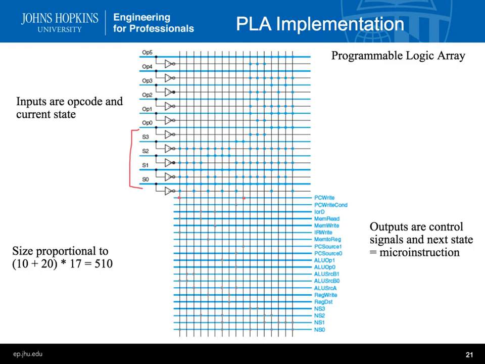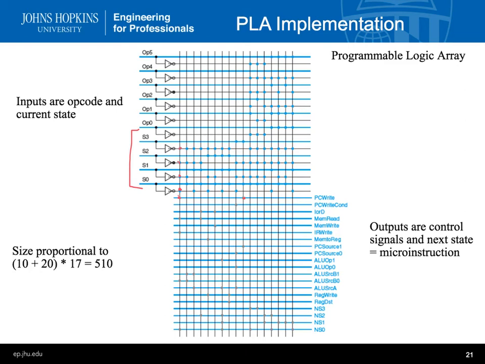So if each of the 4 bits of the current state are 0, this in front of this NOT gate, if S3 is 0 and S2 is 0 and S1 is 0 and S0 is 0, if this is a minterm, not S3, not S2, not S1, not S0, all ANDed together, if that's true, then PC write is true.